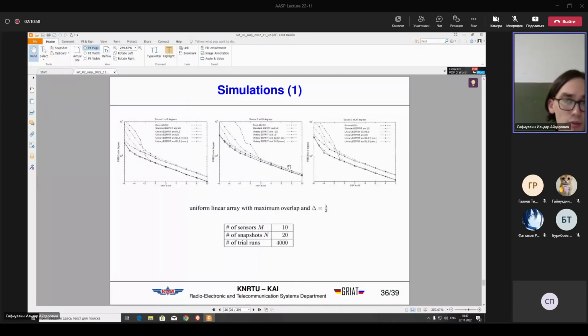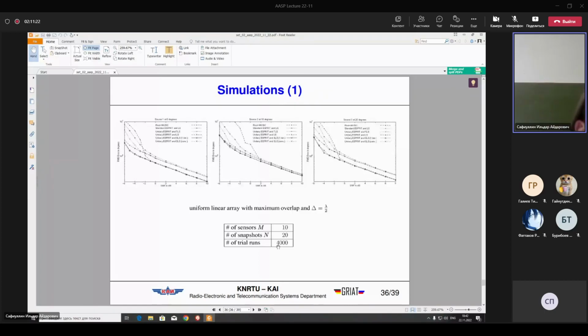Overall, we have the number of snapshots equal to 20, and the number of trial runs for this unitary ESPRIT algorithm with SLS solution is equal to 4,000.